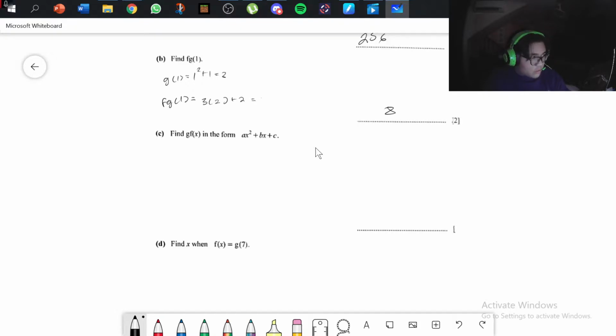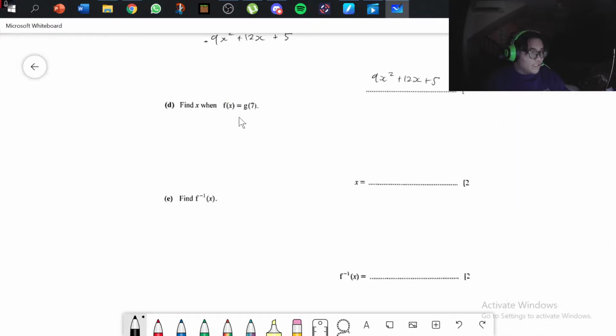So we just sort it down first. Okay. And then bracket 3x plus 2 squared plus 1. This should get us 9x squared plus 12x plus 5. Okay? 9x squared plus 12x plus 5.